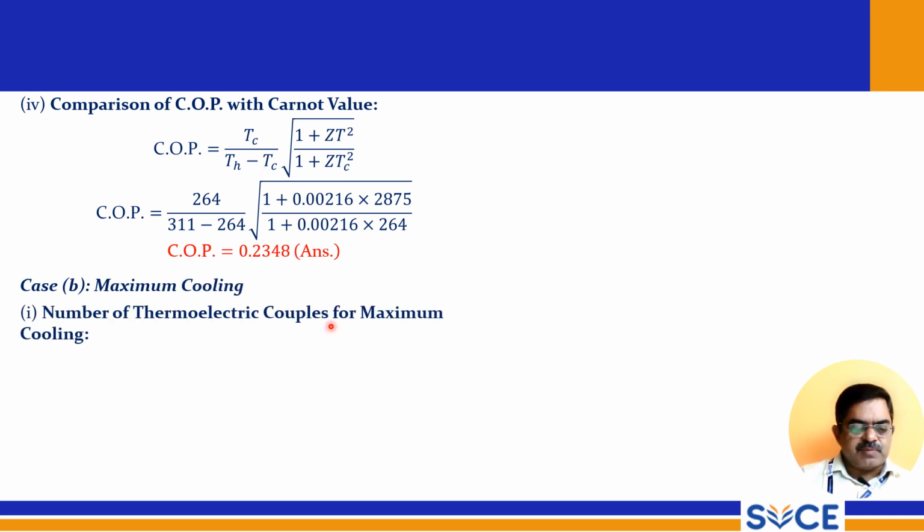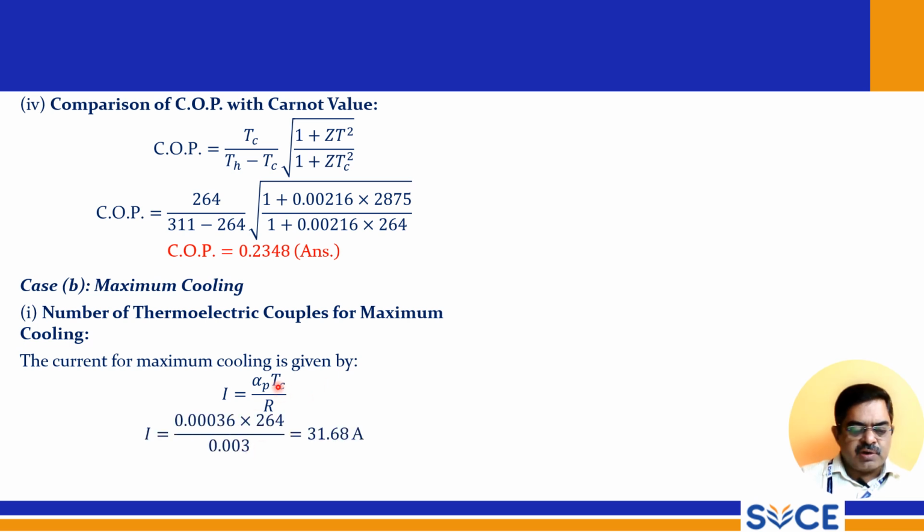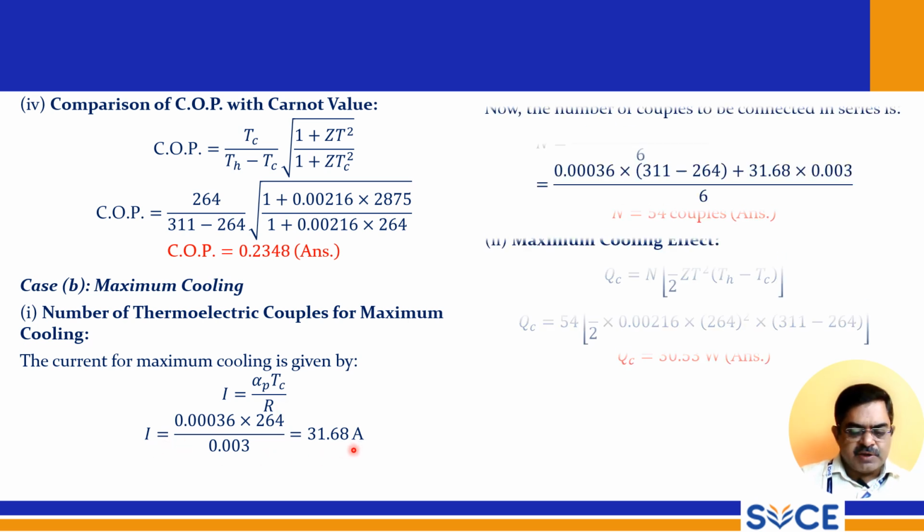Next is maximum cooling. For the number of thermoelectric couples required for maximum cooling, the current for maximum cooling is given by I equal to alpha P Tc by R. We know the Tc, alpha P and R, and I comes as 31.68 ampere.